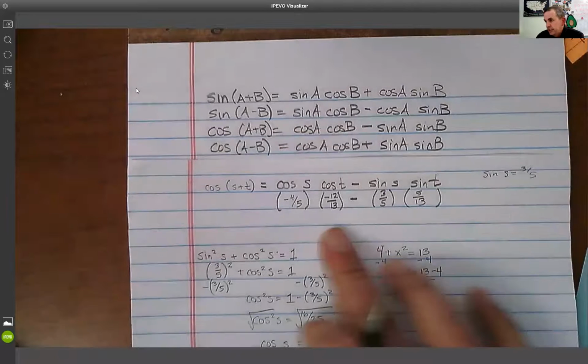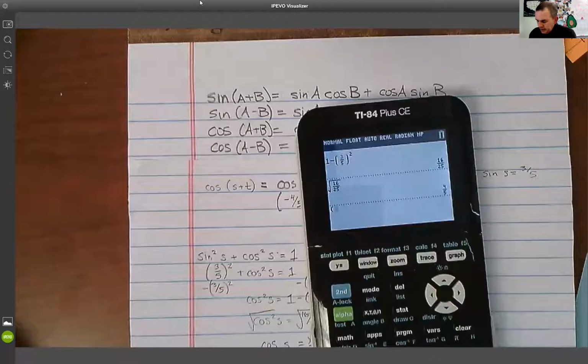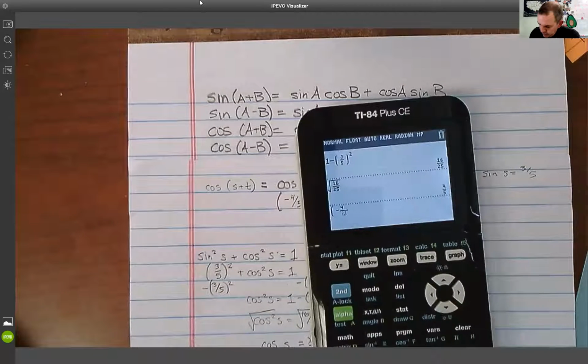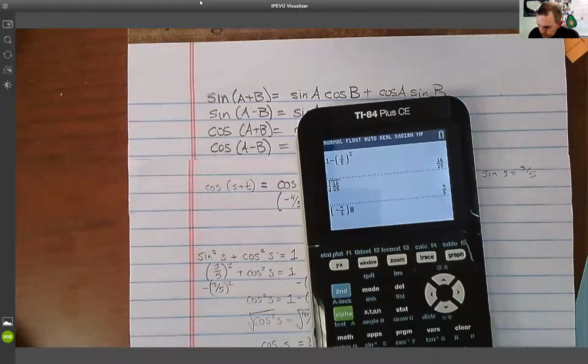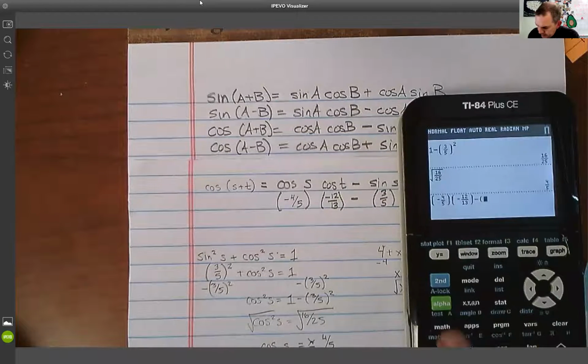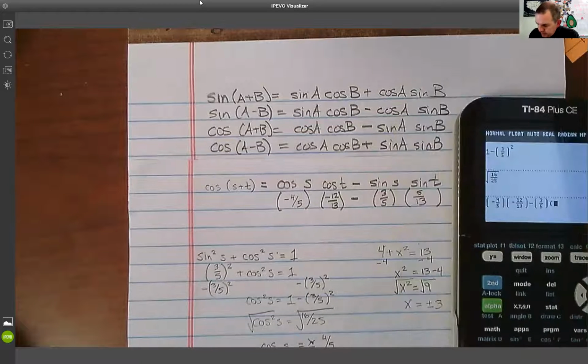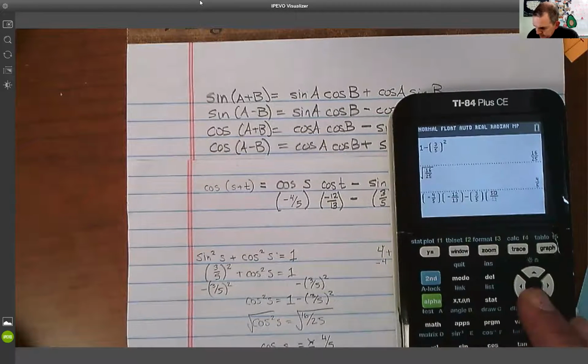And now what we can do is use this in the calculator to figure out the answer. The way we figure out the answer is we do parentheses, negative 4/5, open parentheses, negative 12/13, minus, open parentheses, 3/5, close parentheses, open parentheses, 5/13, close parentheses.